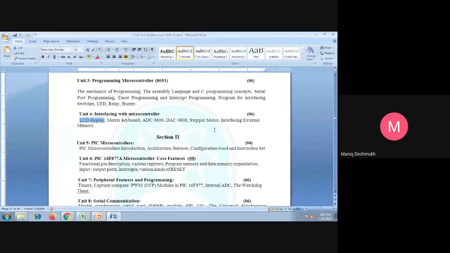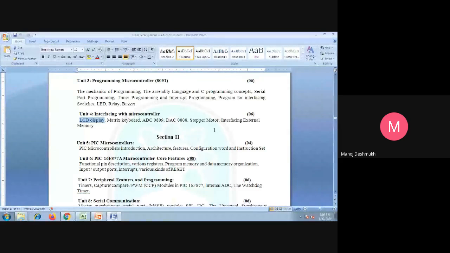T2 means Mazidi book: The 8051 Microcontroller and Embedded Systems by Muhammad Ali Mazidi. Either you go with the second edition or third edition, no problem.